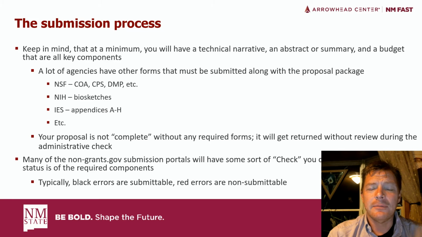In FastLane, when you hit the check, it'll actually come back and it'll have errors in black at the top, which you can actually totally ignore. Then it'll have errors in red at the bottom. Errors in red at the bottom will keep you from getting your proposal submitted. Very similar thing with the ASSIST platform. Before you can actually sign that off for, hey, this is ready for submission, it runs a compliance check.